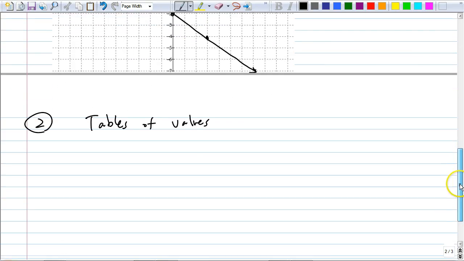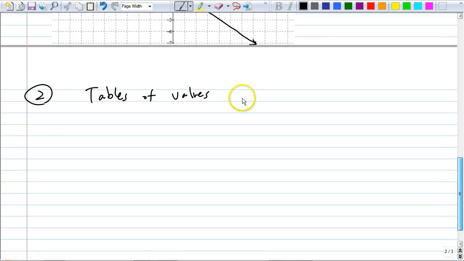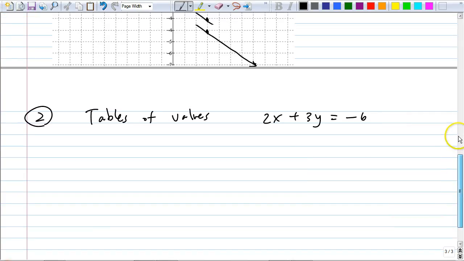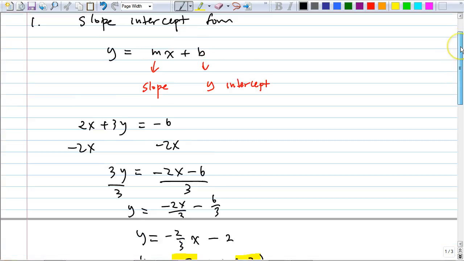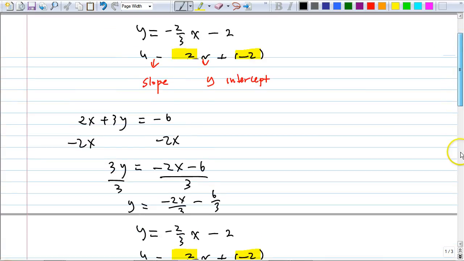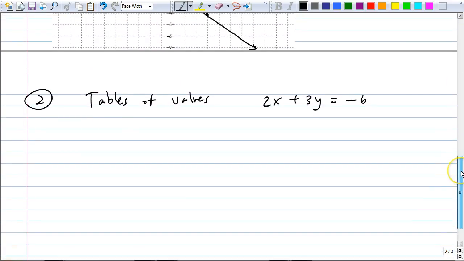Remember we're going to use the same exact equation that we had before, which was 2x plus 3y equals negative 6. And just like before, our first step is to solve for y, okay? Because when we're using tables of values, we want to solve for y.